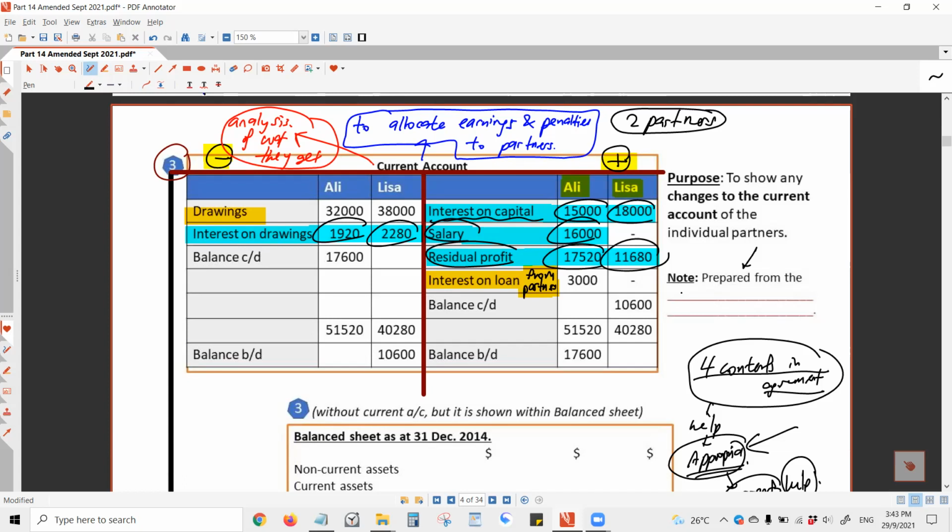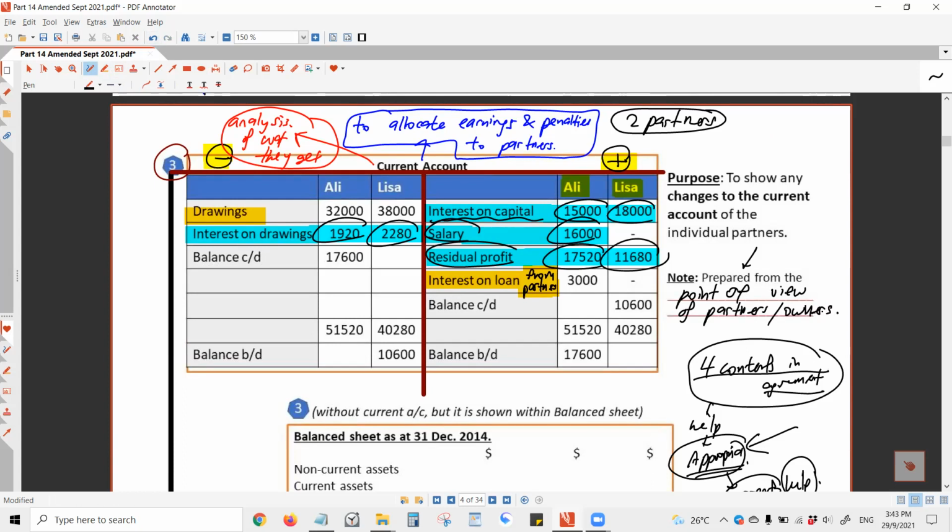So we prepare this from, write down, point of view of partners. Point of view of partners / owners.